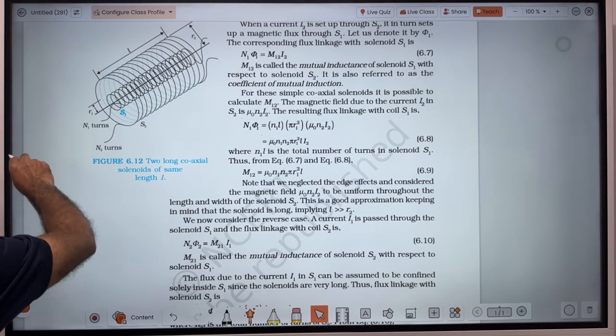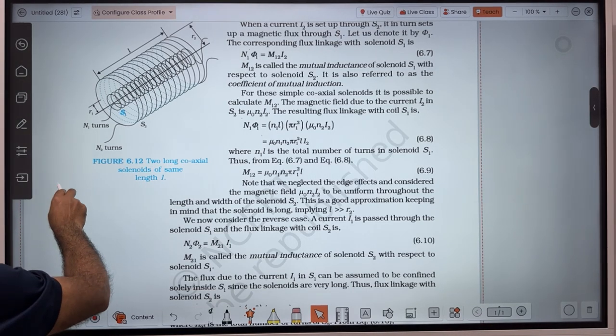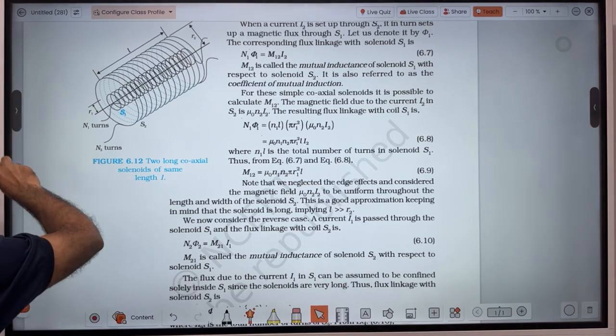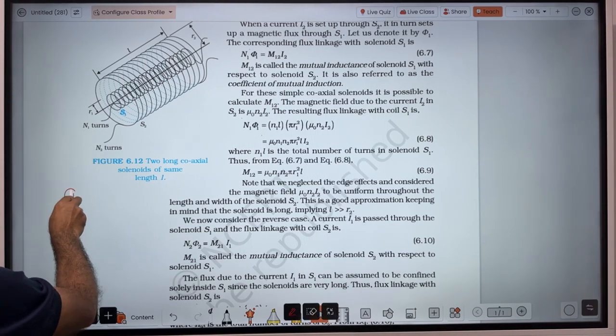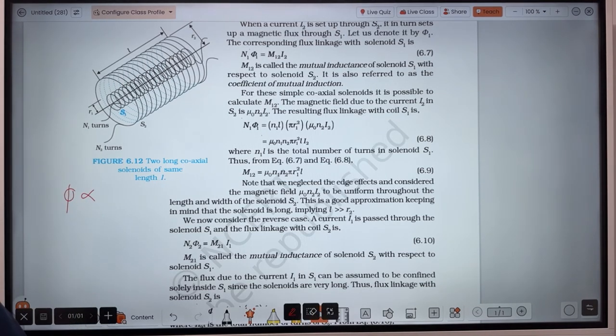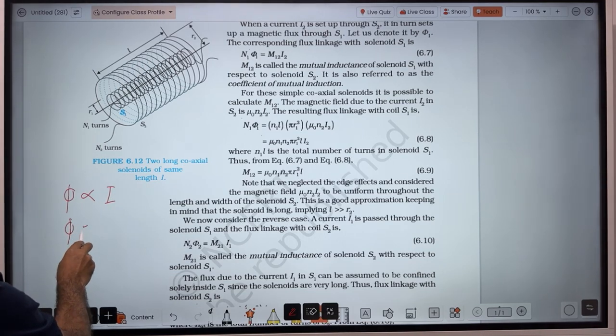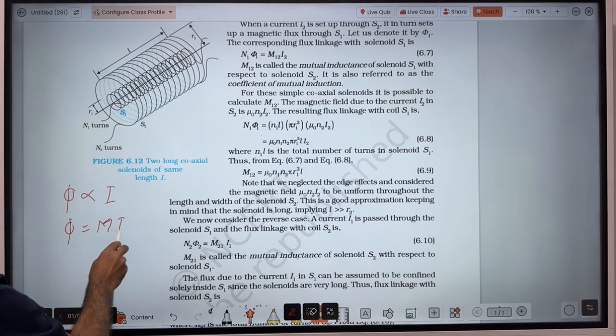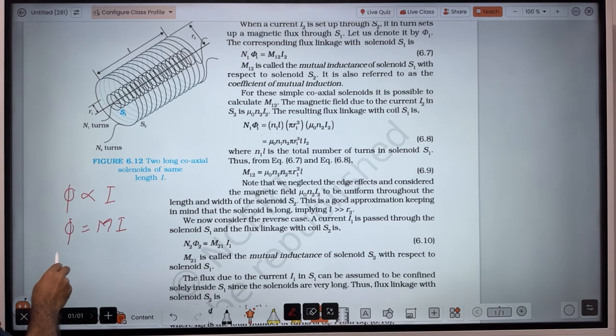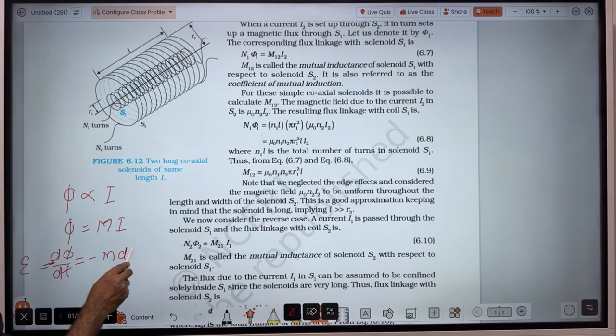By the same concept, we say that flux change in one coil due to the other is proportional to current, so φ will be equal to Mi in this case also. The EMF induced is minus dφ/dt, so minus M di/dt.